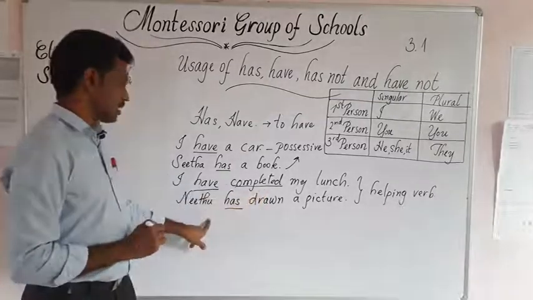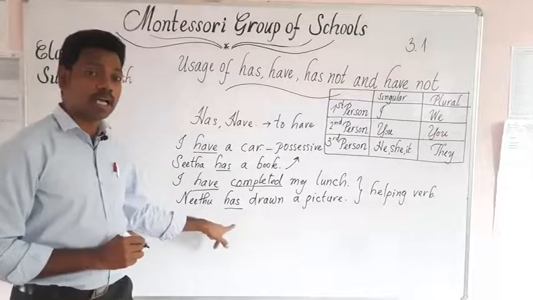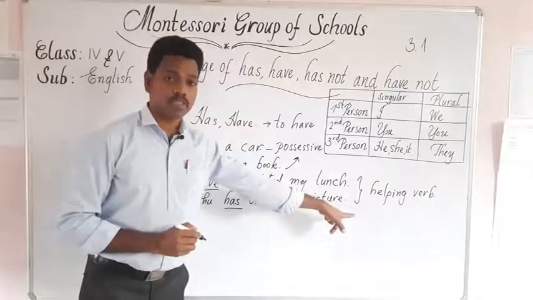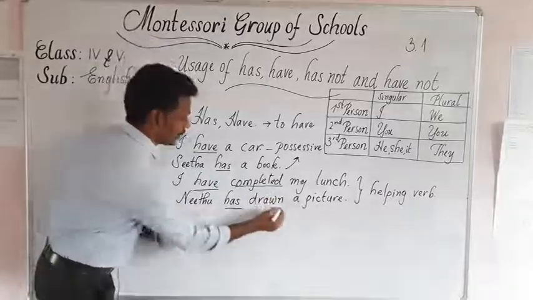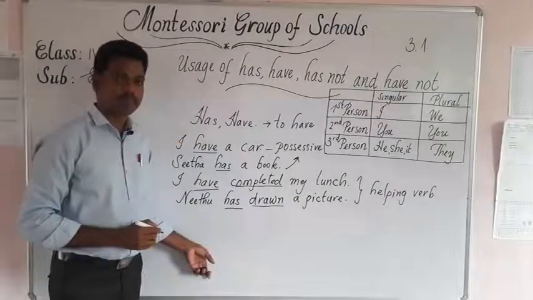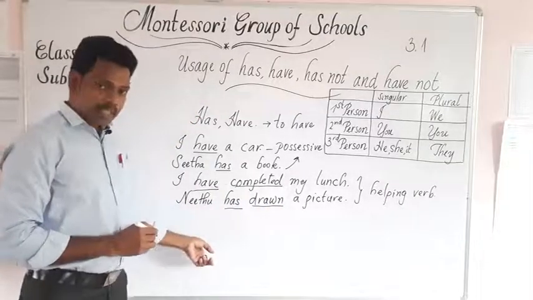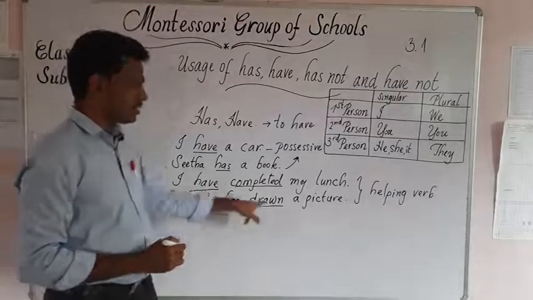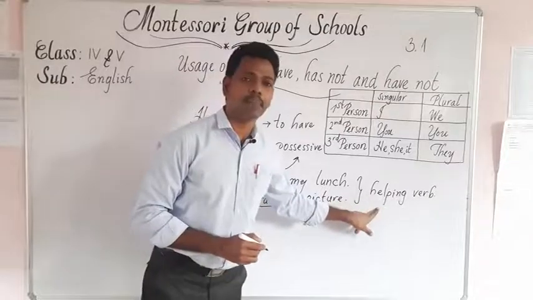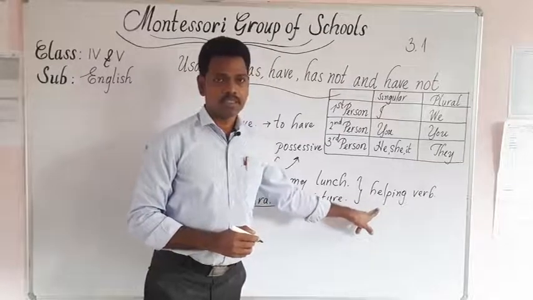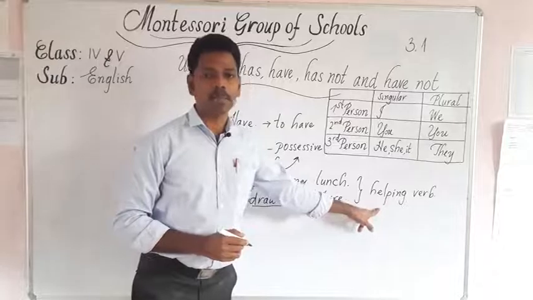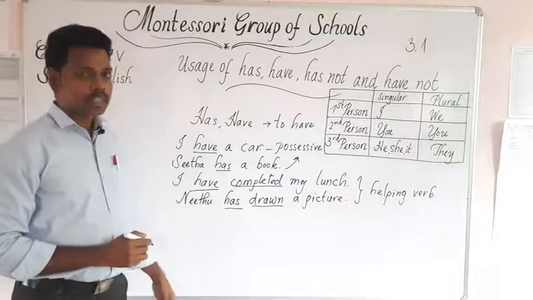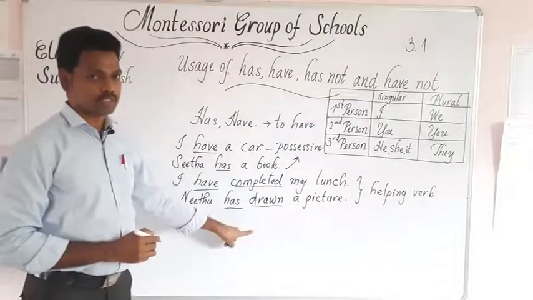Likewise, in the second sentence, Neetu has drawn a picture, the verb is drawn. So in this case, the words have and has act as helping verbs. So these are the two cases.